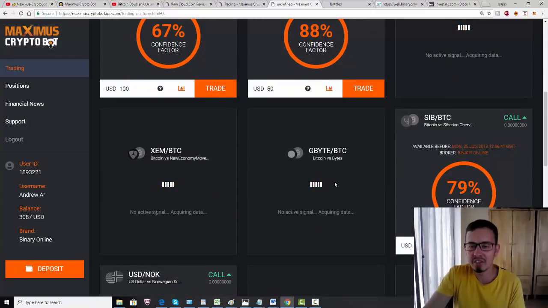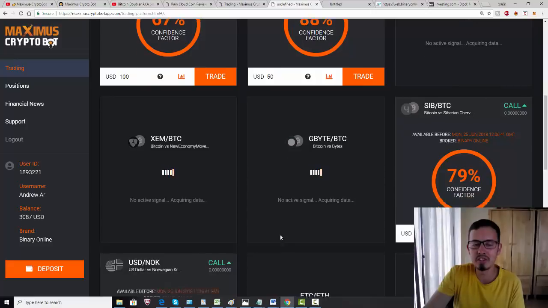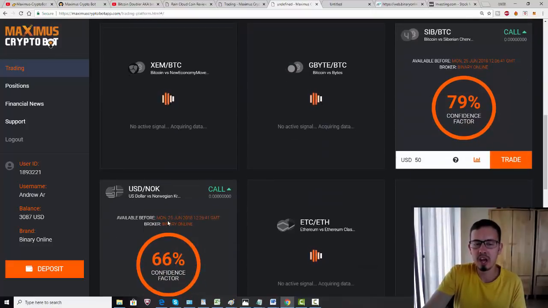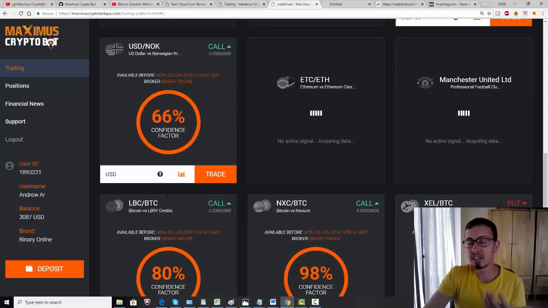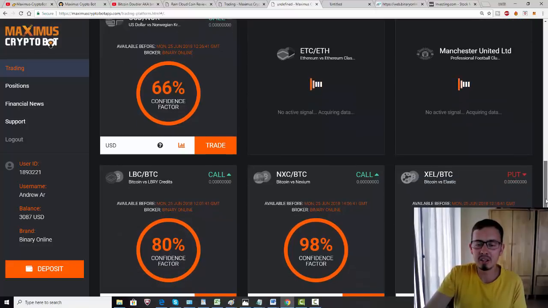They also have more assets which I haven't even seen before, for example the Norwegian krone, a currency pair we haven't seen on the previous Maximus-Cryptobot. One of the biggest changes is that now we get even more signals across more currency pairs and more trading instruments.